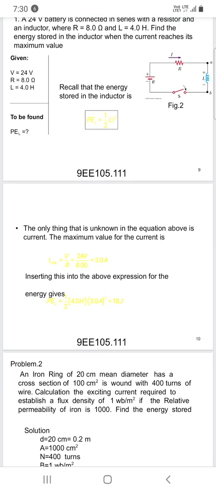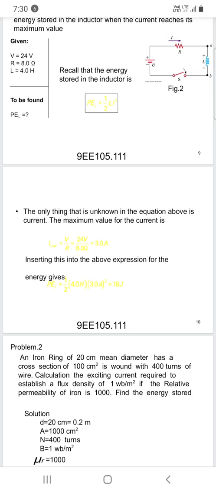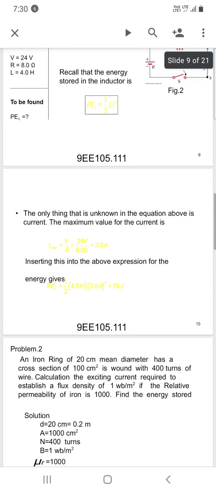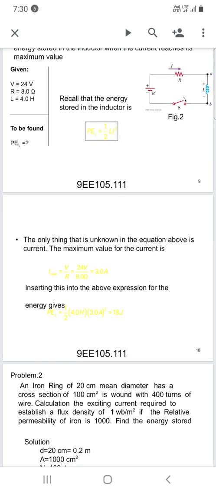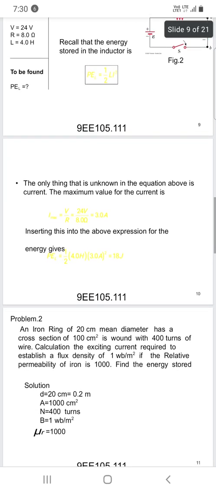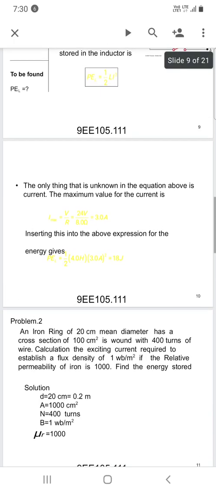I maximum is equal to V by R. Here V is 24 volts and R is equal to 8 ohms. Simplifying this equation, we get maximum current equal to 3 amperes. Now inserting this into the above expression, the energy stored in the magnetic field is E equal to half L i square.